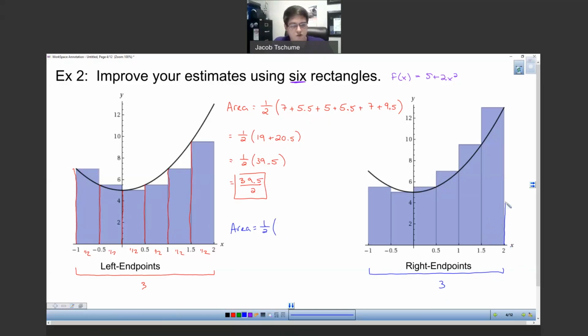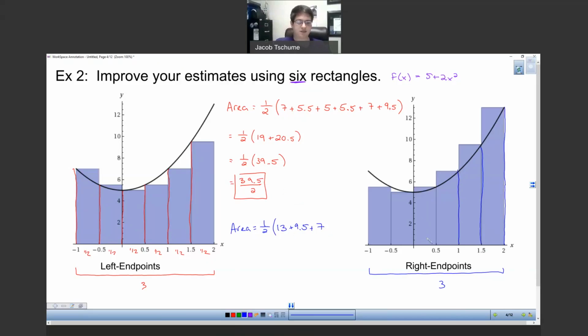So if I use 2 as my first height, that's going to be all the way up there at 13. All right. From 1 to 1.5, if I use the 1.5, that's going to give me a height of 9.5. Plus 9.5. Plus from 0.5 to 1, use the right endpoint for 1, which gives me 7.